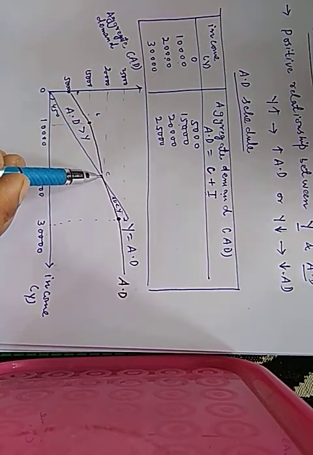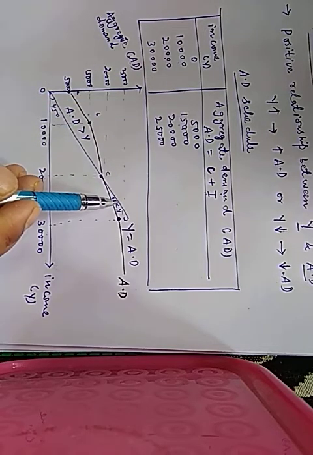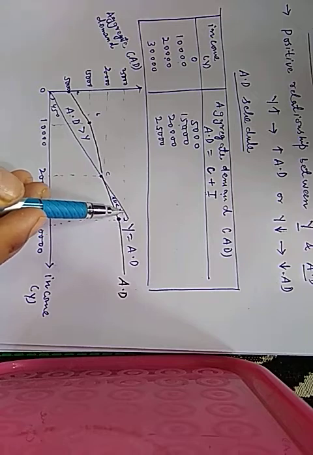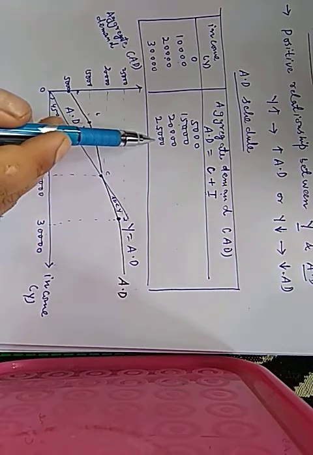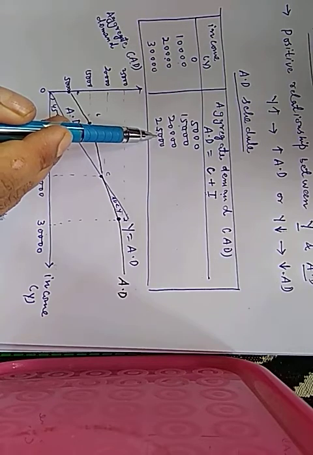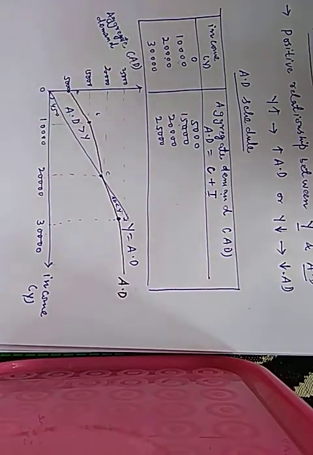And beyond this equilibrium point, the aggregate demand curve lies below the 45-degree line, showing less aggregate demand as compared to the increase in income. This was all about the relation between income and aggregate demand. I hope you have got it. Thanks.